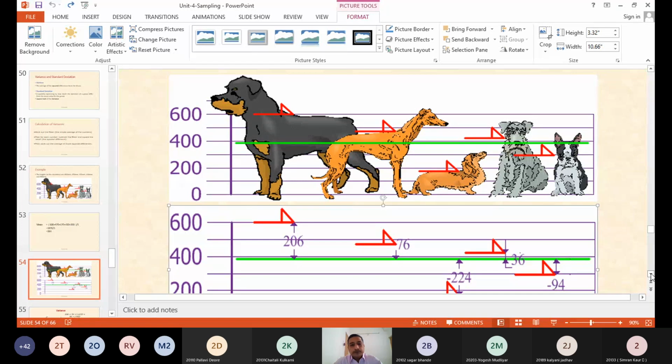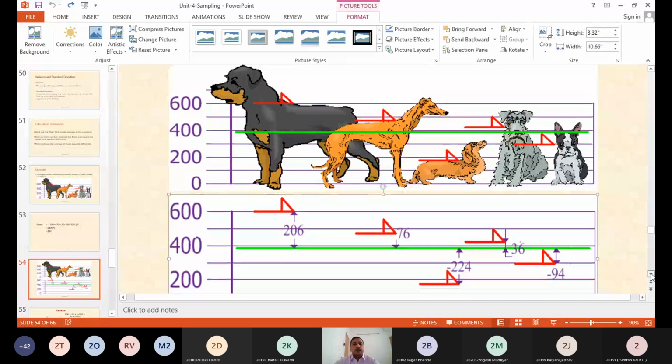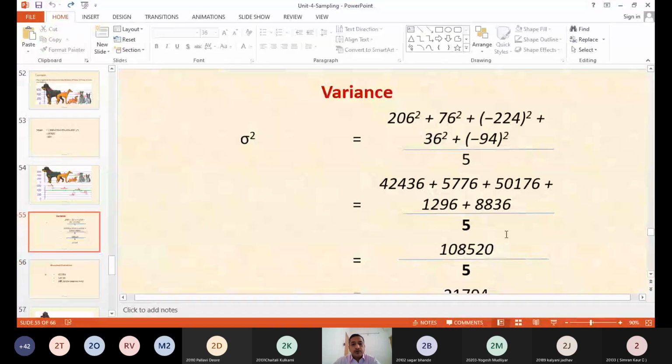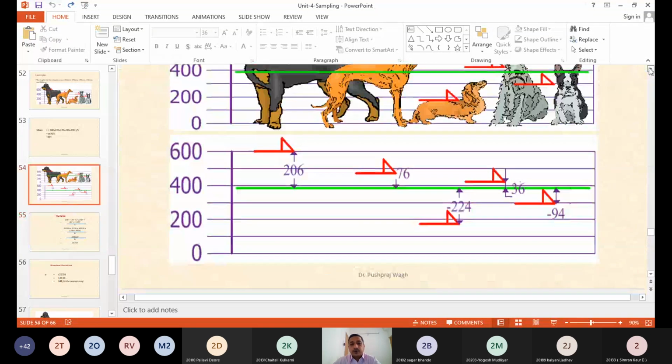If we do that, we get 206 for the first number, 76 for the second, minus 224 for the third, 36 for the fourth, and minus 94 for the fifth. So once we have the mean, we have calculated the difference of each number from the mean. Are you getting this?